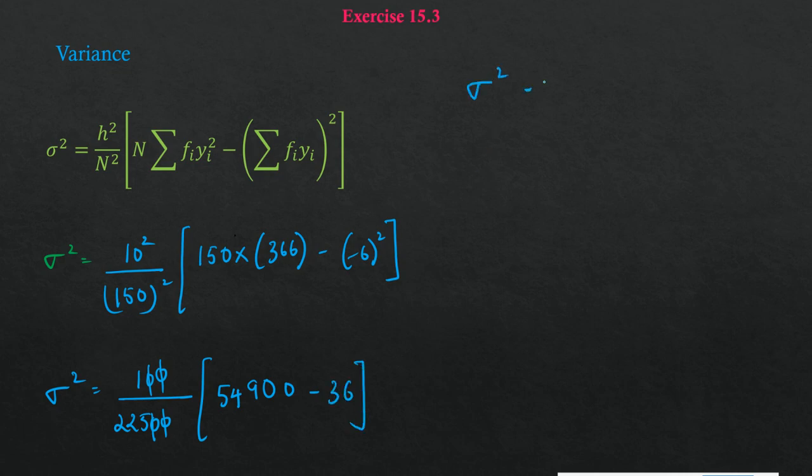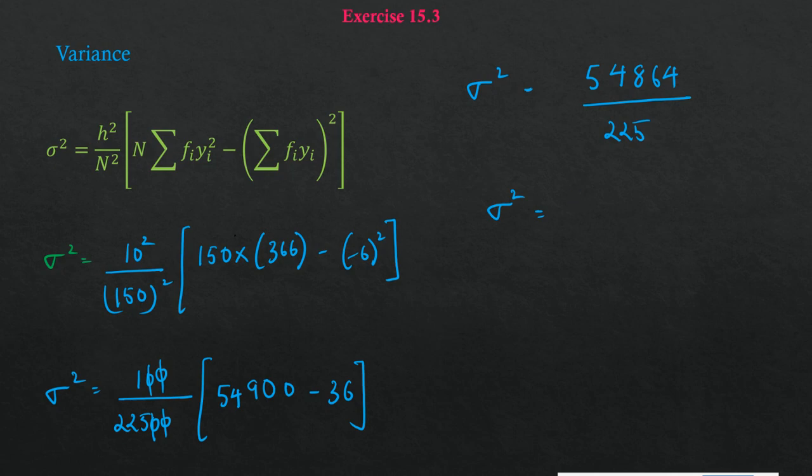Sigma square, you will be getting the value as 5,400 minus 36, so 800 64 divided by 225. 225, approximately what is the value you will be getting? 225 and 500, 2 times, and 25 25 and 125, 5 times, approximately 250 you will be getting.